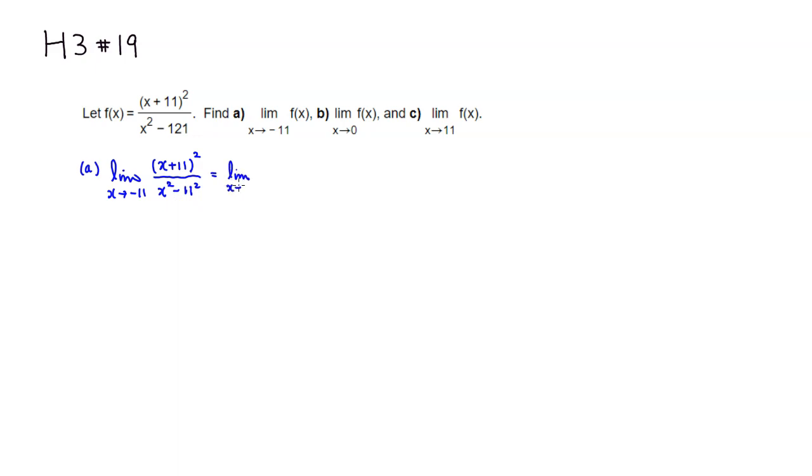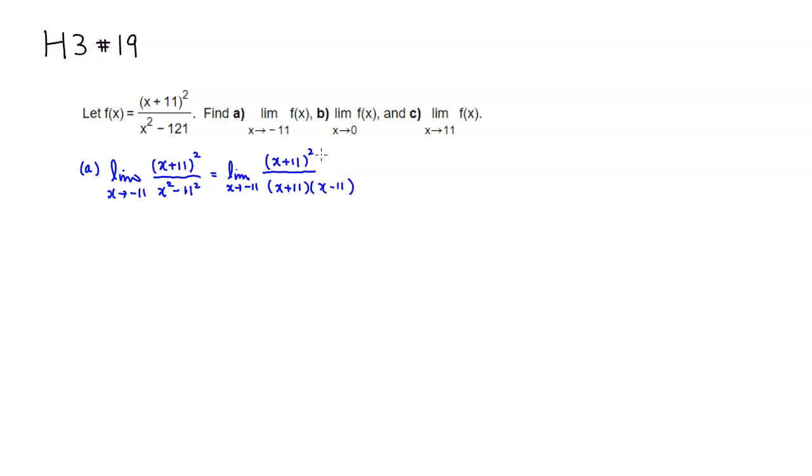The numerator is already factored, so I'm just going to copy this. And if you factor x squared minus 11 squared, you get the quantity x plus 11 times the quantity x minus 11.